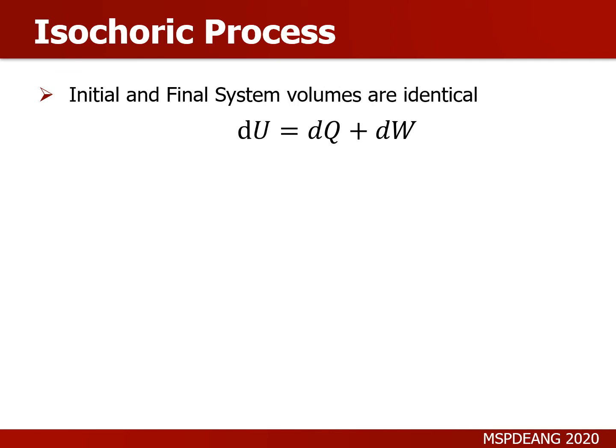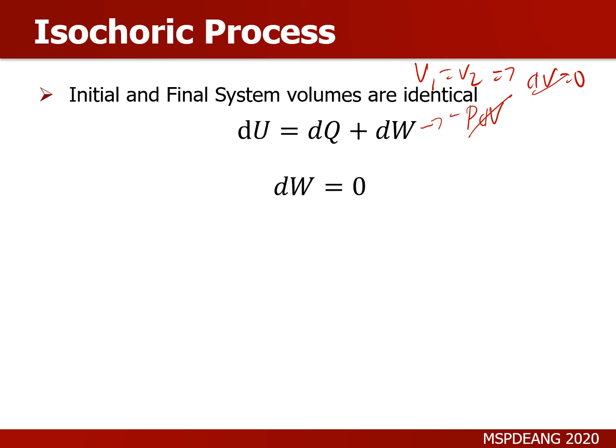So for the first one, the isochoric process, the initial and final system volumes should be identical. There is no change in volume. Now, recall dU is equal to dQ plus dW. dW is equal to negative P dV. If the initial and final system volumes are identical, meaning V1 is equal to V2, therefore dV is equal to 0, this dW will also be equal to 0.